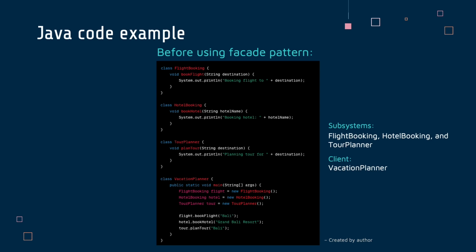Now, consider the facade. We introduce the travel agency facade to encapsulate and simplify these operations. This facade offers a unified method to handle all aspects of vacation planning. Before the introduction of this facade pattern, the vacation planner dealt with every facet of the vacation planning process directly, rendering the class complex and hard to maintain.